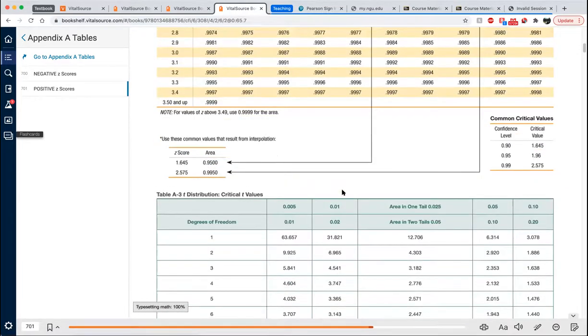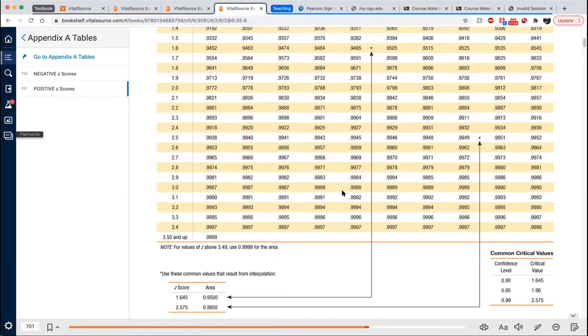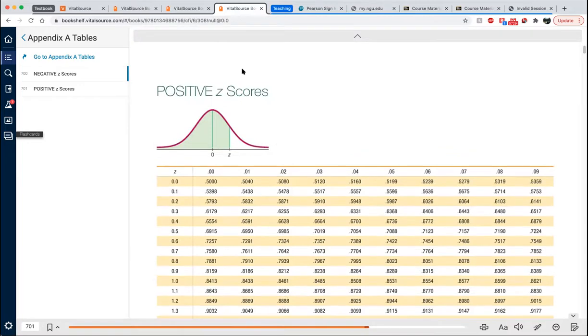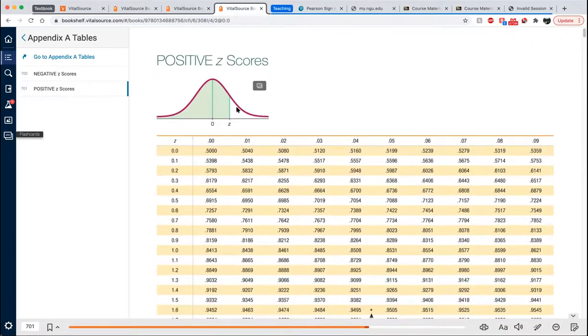Okay, so what about the positive z-score? The key thing to keep in mind is that for either a normal distribution or the standard normal distribution, the area from negative infinity to the mean is 0.5, and from the mean mu to infinity is also 0.5.